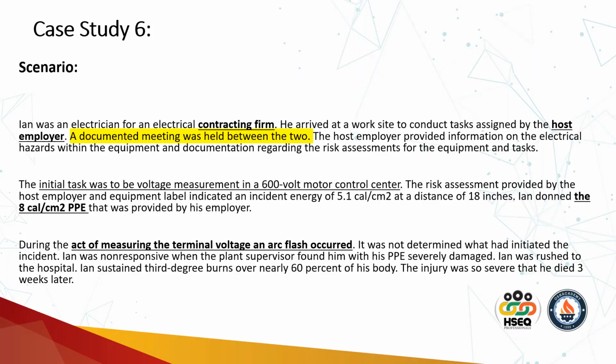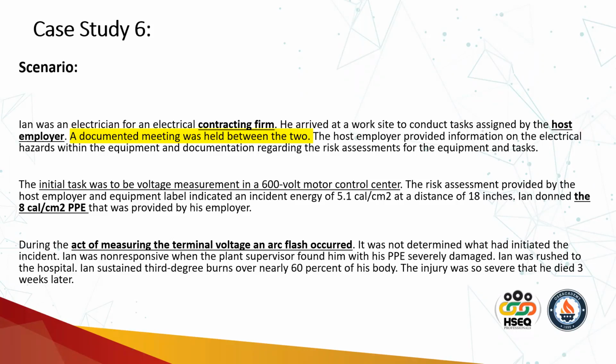So in this particular case scenario, we can see that everything was going right. The documented meeting was there. The task of voltage measurement basically falls under the infeasibility of Article 110.4(B). So this task needs to be performed on the live part.